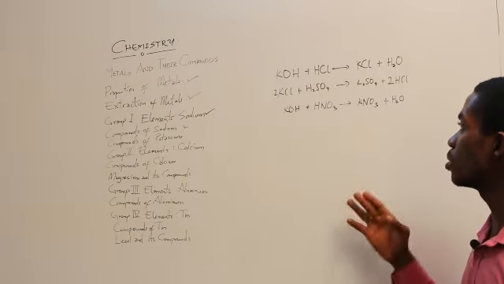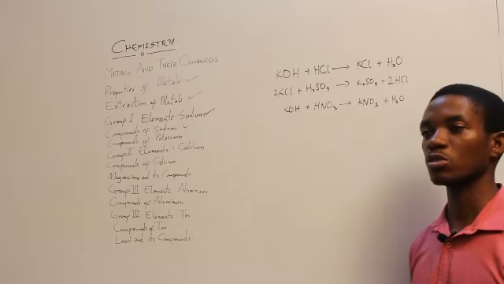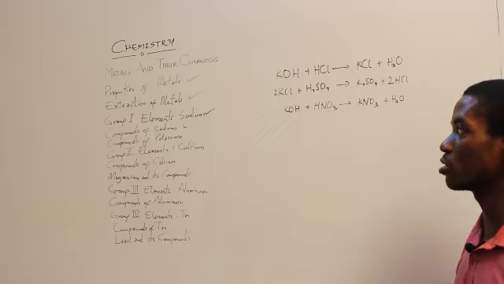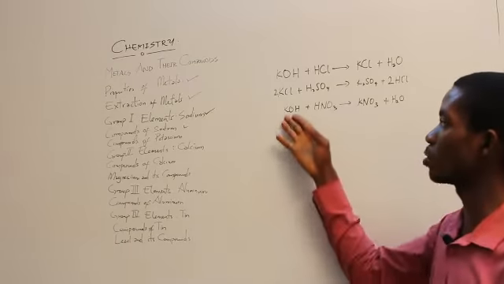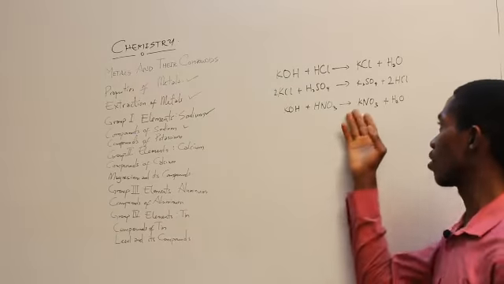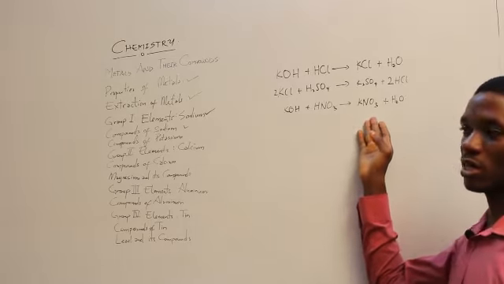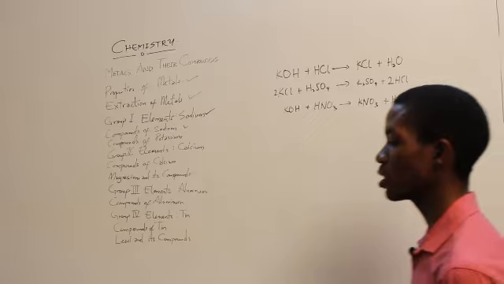As well, we can produce the nitrate, which is potassium trioxonitrate 5. It can be produced by simply reacting potassium hydroxide with trioxonitrate 5 acid, which will produce potassium trioxonitrate 5 and water. This is very important.